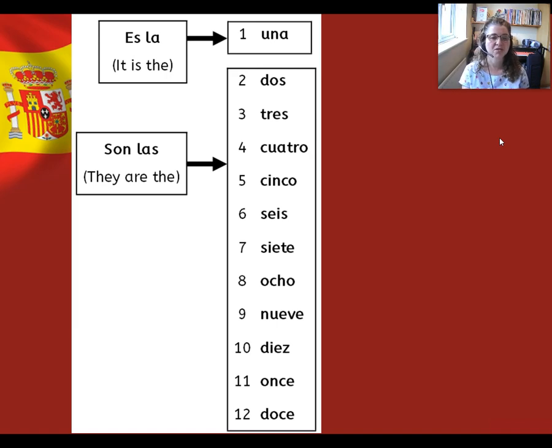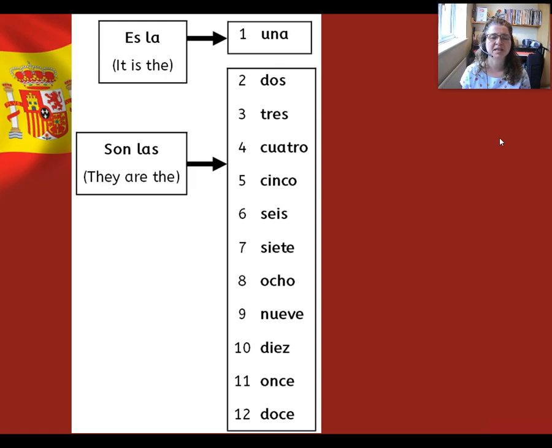Let's have a practice of some times using this sentence builder. Tell me how to say this in Spanish. How would you say, it is 9 o'clock? Son las 9. How would you say, it is 4 o'clock? Son las 4. What about, it is 10 o'clock? Son las 10.